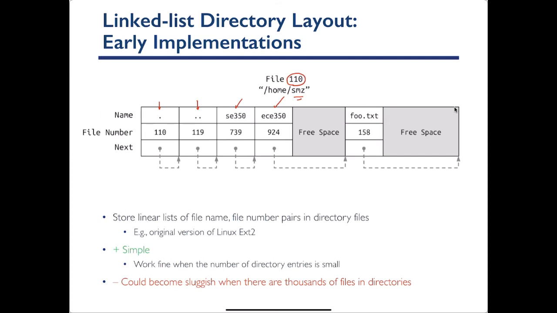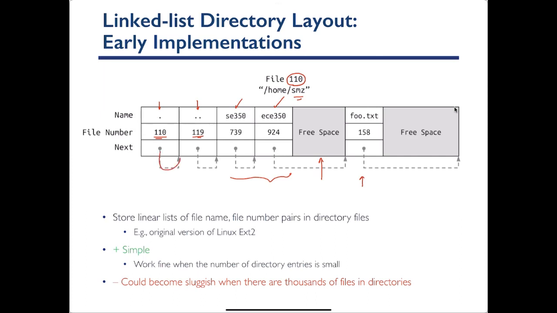So in essence, for the current file, the dot is going to be mapped to 110, which is the same file. And let's say we came to this one from 119, so that's the parent directory. And then we have the two directories. We can put some free space for future directories that we might have, and then we start our files.